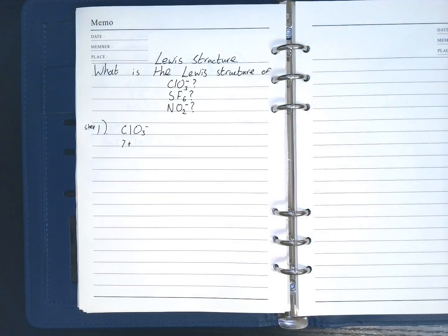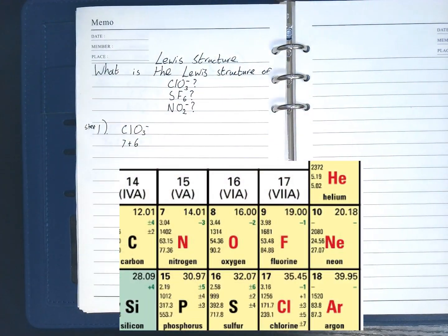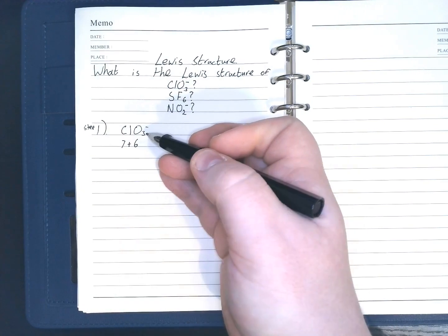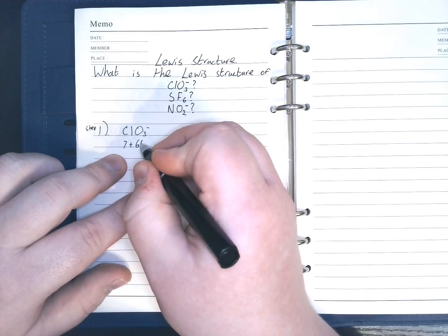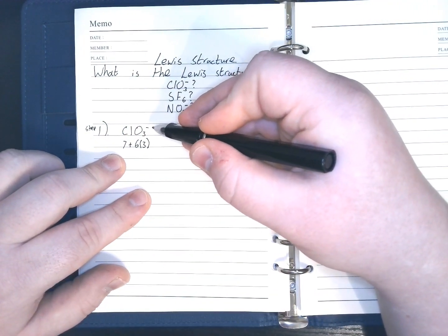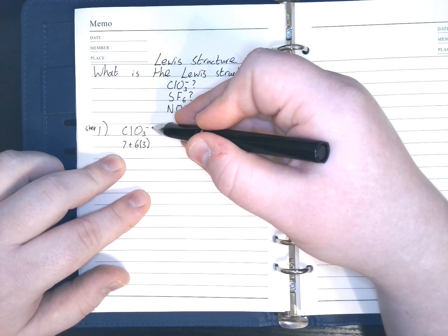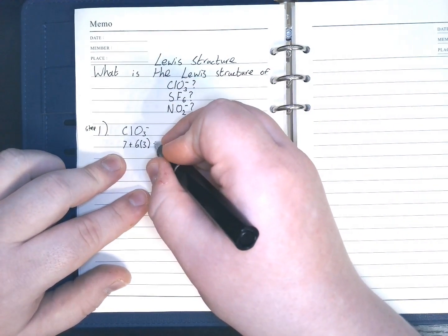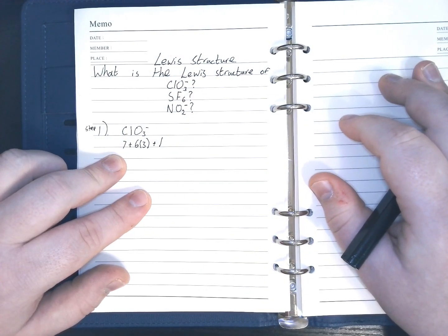oxygen's valence electrons, which happens to be in group 16, therefore it's going to be 6. And you can see here that we have 3 oxygens, so we're going to multiply that by 3. We can also see that at the top we have a minus symbol, so that means it's going to be adding 1 electron, because electrons, of course, are negative.